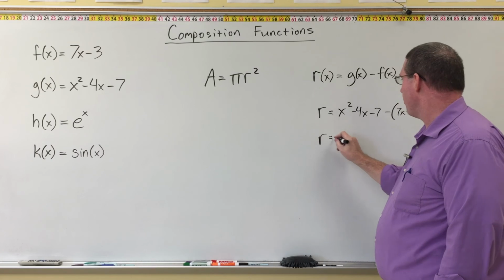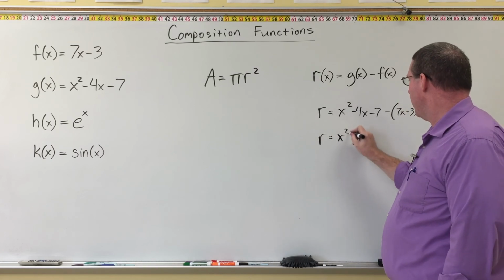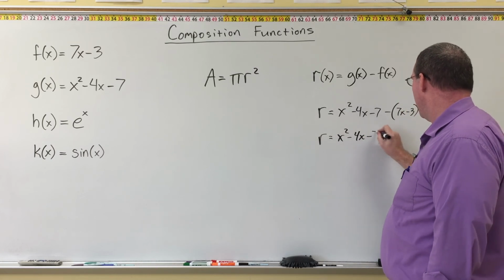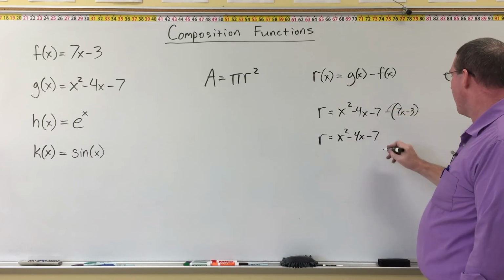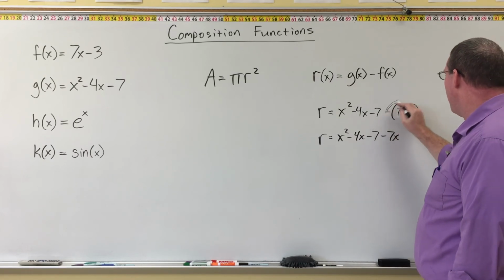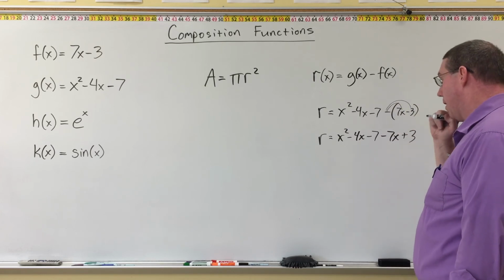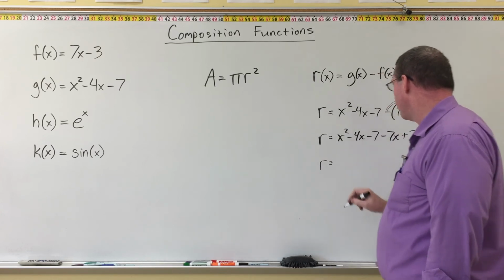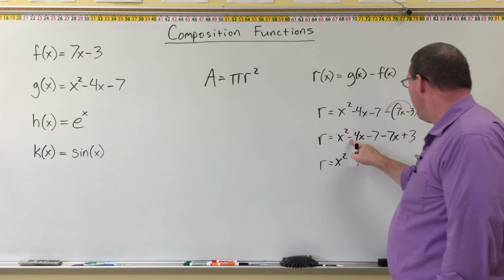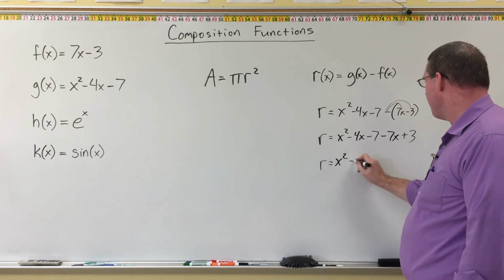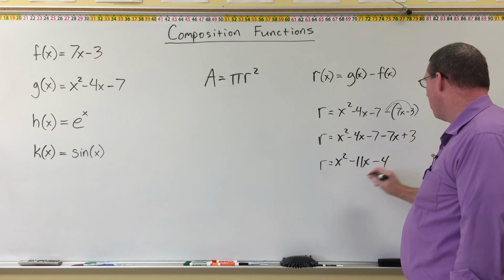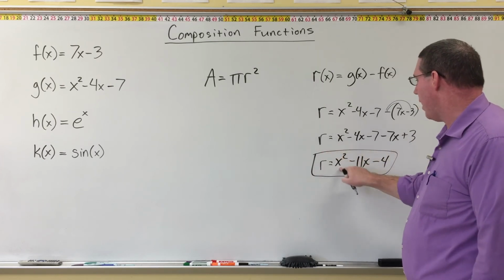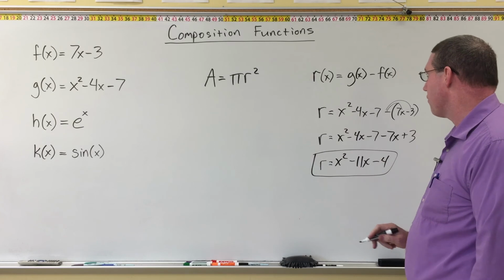Now we have to distribute this negative. Minus 7x is minus 7x, and minus negative 3 is plus 3. Now we can combine like terms. x squared minus 4x minus 7x is minus 11x. Negative 7 plus 3 is minus 4. The radius is now x squared minus 11x minus 4.